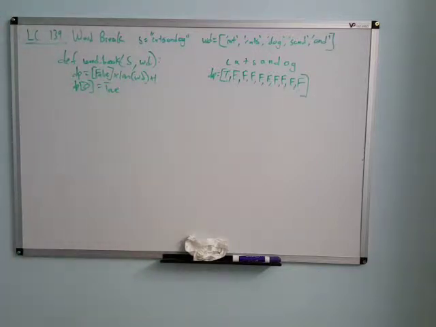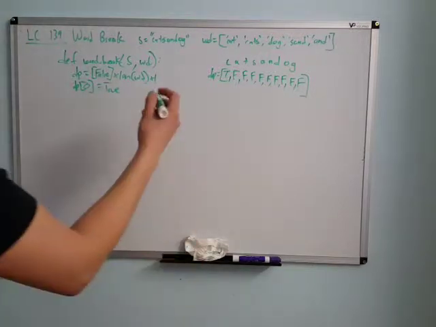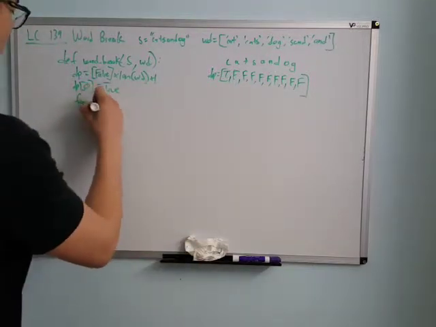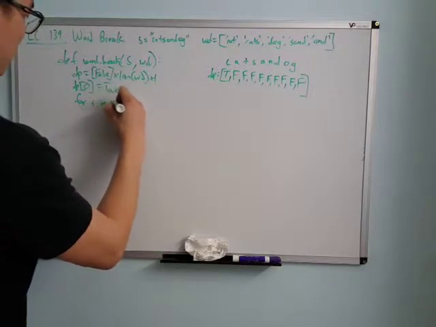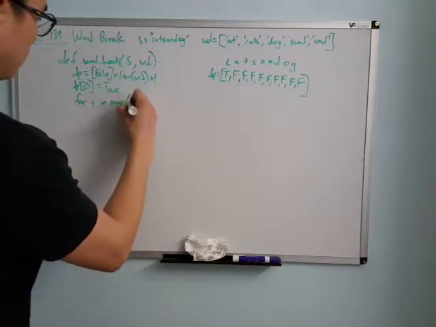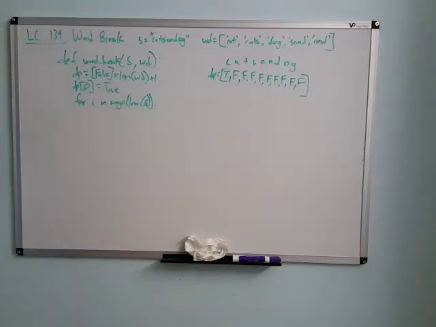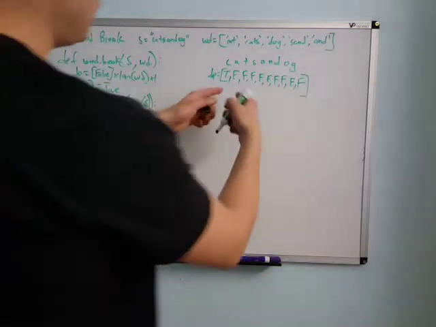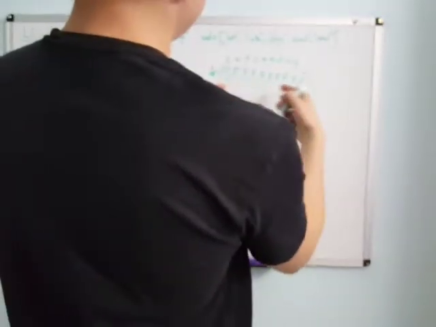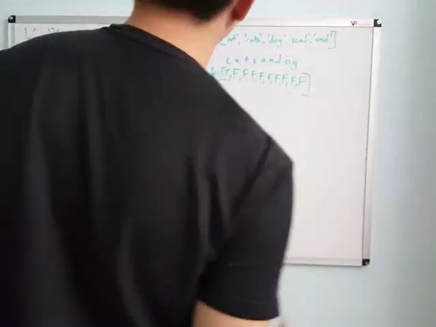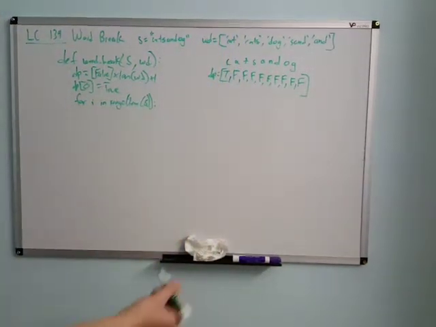Right? So now we need to iterate through S. So for i in range of length of S, and we need to have a j pointer to see if that range from i to j is in our word dict, right?